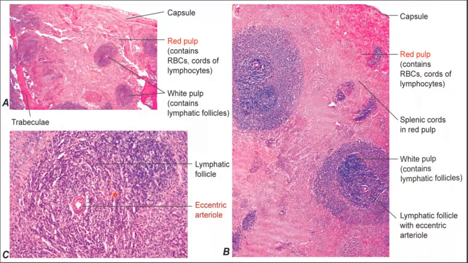Here you can see the B lymphocytes, the germinal center. But where you see a central artery, like here, no matter how small it is, right at the center, this is the periarterial lymphatic sheath, and it forms the thymus dependent zone in the spleen.